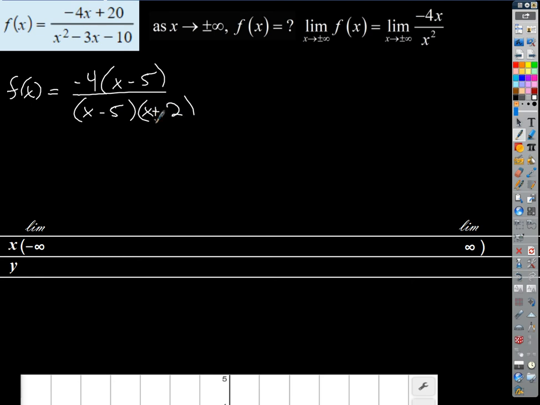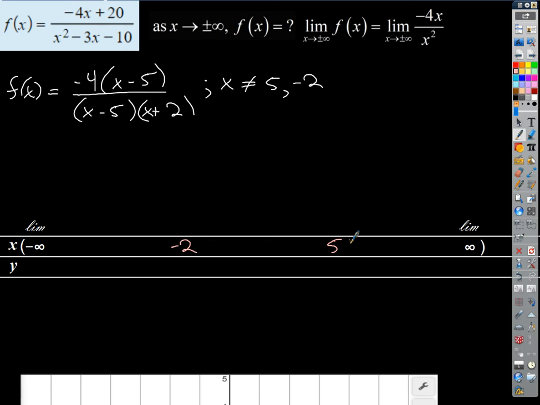Okay, good. So there are some values we have to exclude. What are the values that x cannot be? x can't equal 5 and x can't equal -2. Those are places we want to put down right away. Those are kind of red flags. You have to know what's going on at those places. So at -2 and +5, the function does not exist.